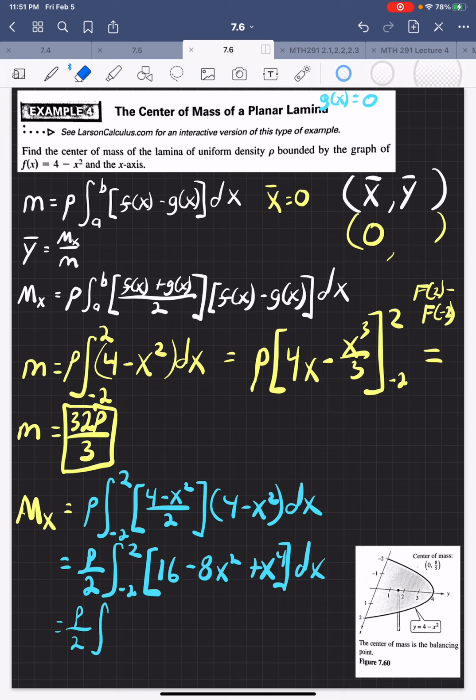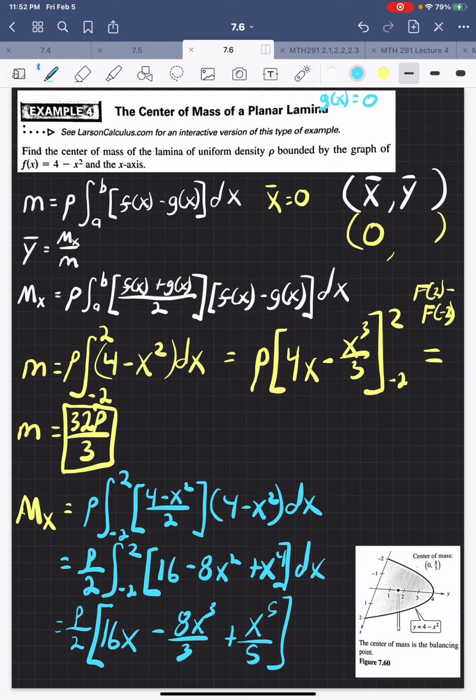Let me get rid of that integral. So now I'm just going to go through and integrate. So integrate 16 with respect to x, you get 16x. 8x cubed over 3. x to the 5th over 5. From -2 to 2. All right, so at this stage, it's just f of 2 minus f of negative 2.